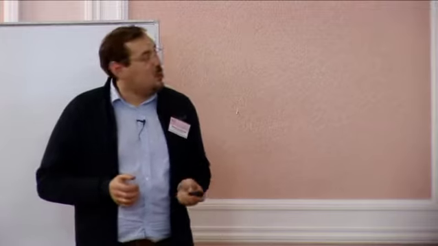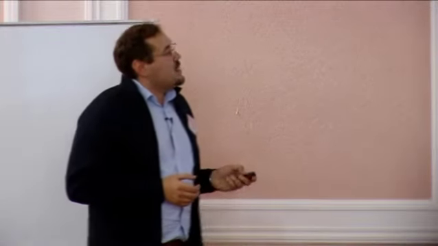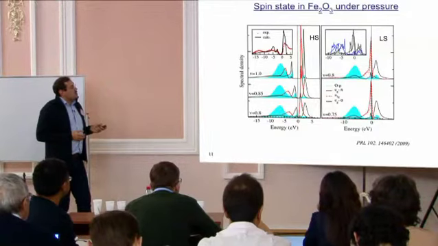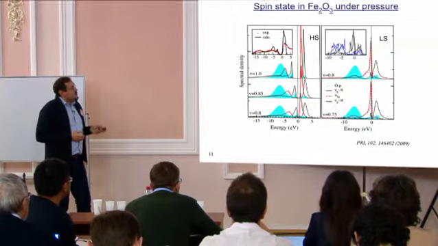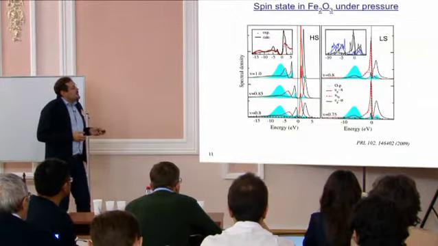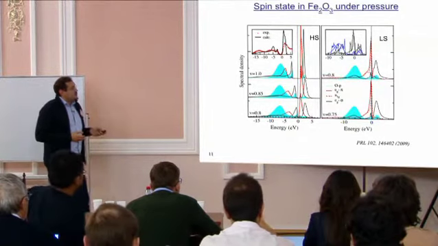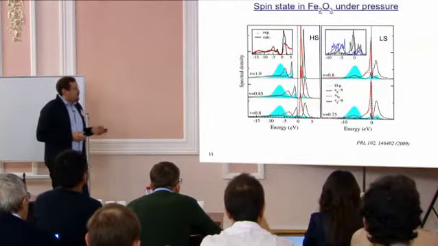So another interesting example of spin transition under pressure was considered in these compounds, and here one can see how it changes in the hematite mineral. So it goes with the formation of this interesting peak very close to the Fermi level.